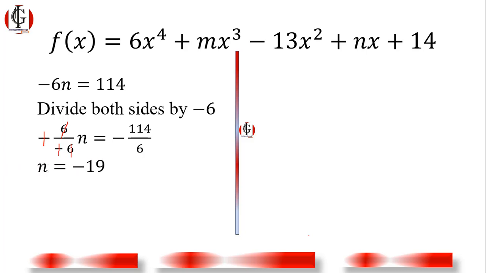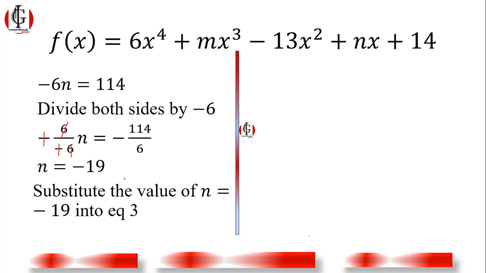So if n is minus 19, I'm substituting n equals minus 19 into equation 3. Equation 3 is m equals minus 7 minus n.